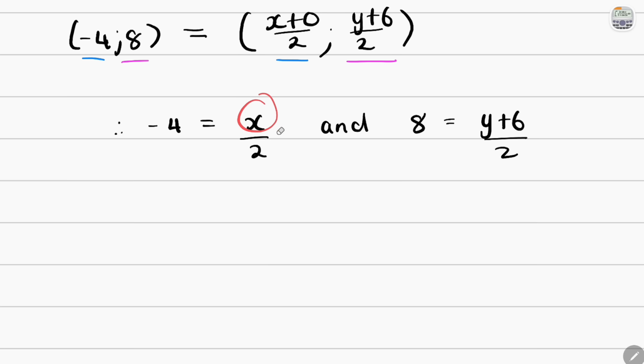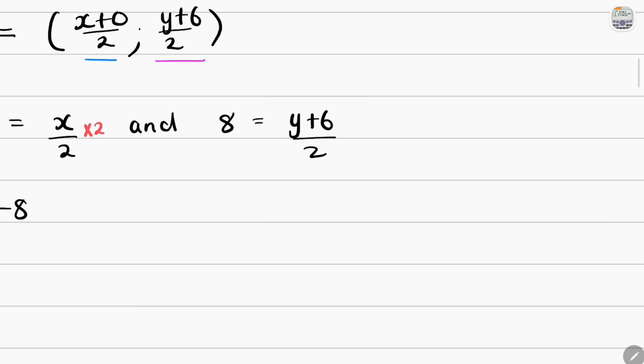You see here, to get x, there's just a 2 in the denominator. You can just multiply by 2 on both sides to get rid of it. And then we get that x is equal to -8. Okay, here, same thing, multiply by 2 to get rid of that 2 in the denominator. Make sure to do that on both sides.